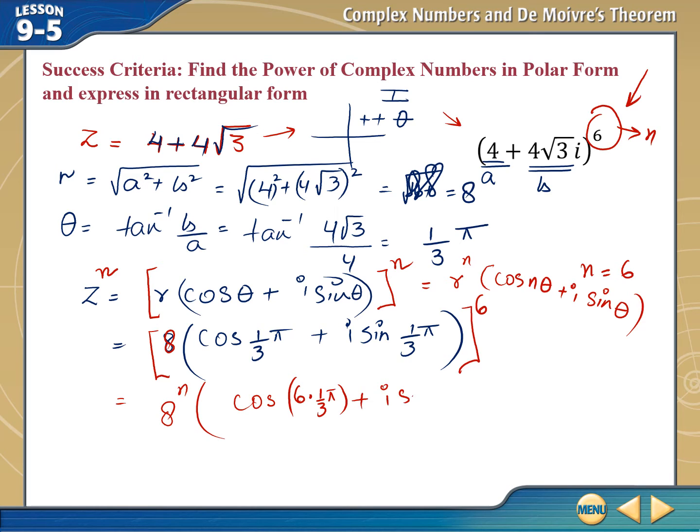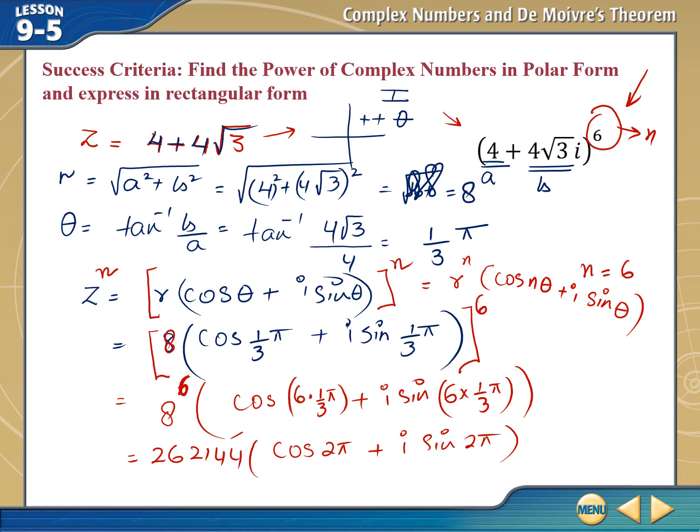Plus iota sine, and the same thing, 6 meaning the n, times 1 over 3 pi. Now before solving anything, find out 8 to the power 6 in the calculator, and it equals 262144. Now cosine of 6 times 1 over 3 pi means cosine of 2 pi plus iota sine of 2 pi.